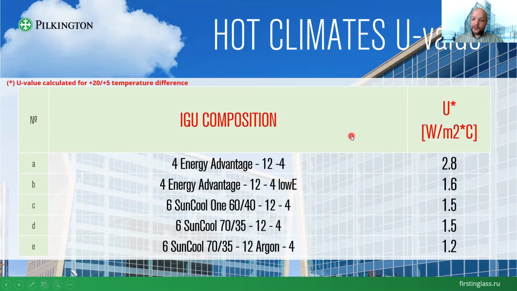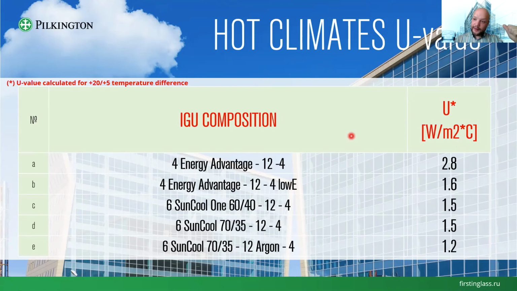Why am I emphasizing U value even for the hot climates? That is simply because, as far as I've encountered, a lot of people underestimate the importance of U value in terms of stopping the heat from the hot air from coming into the building.